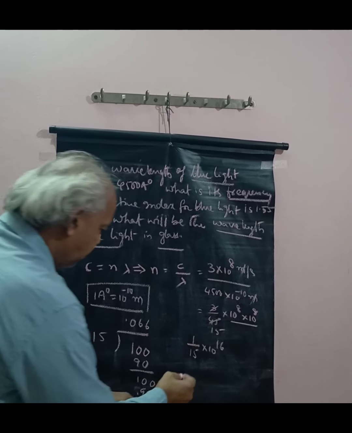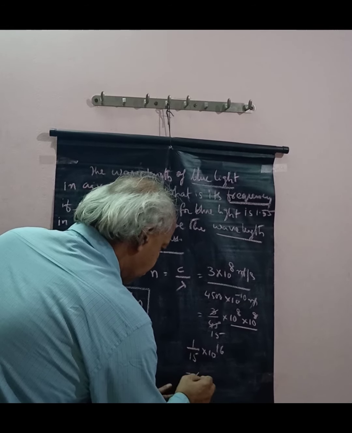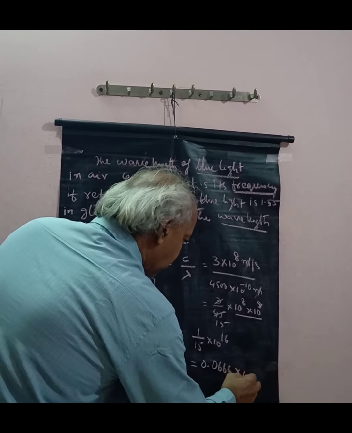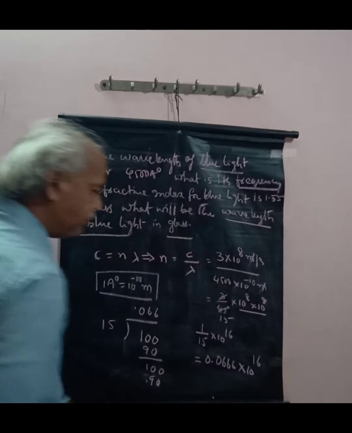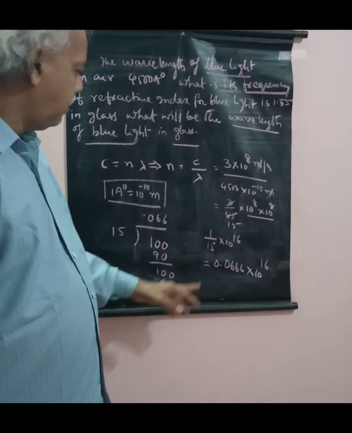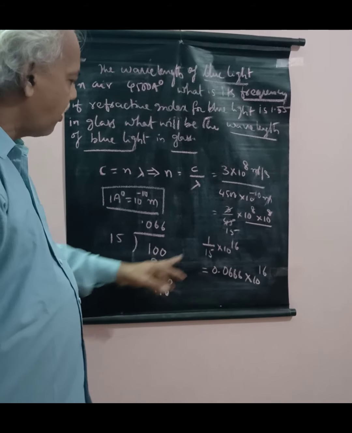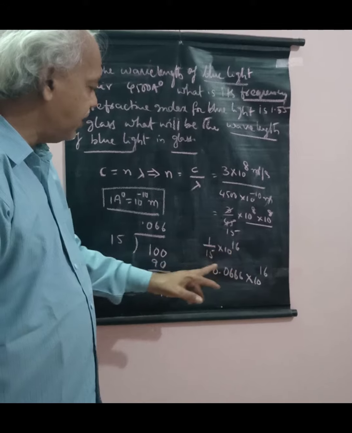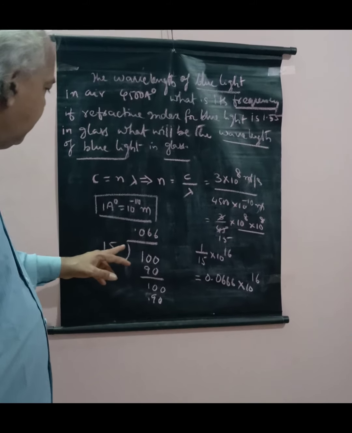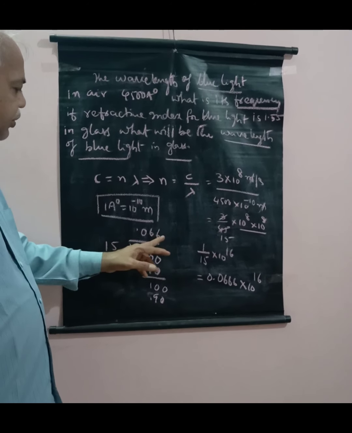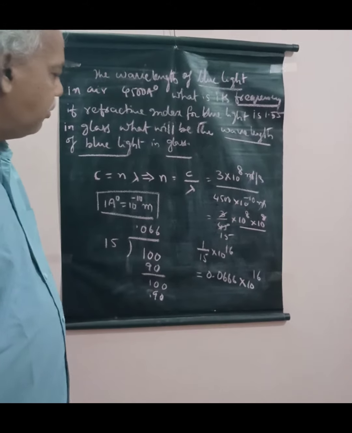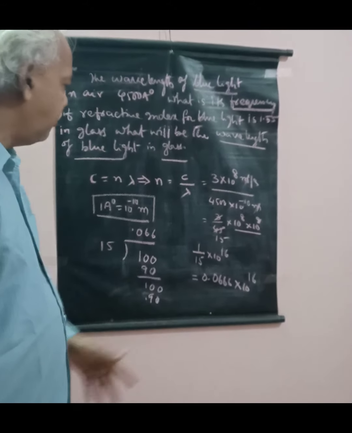Like this we can obtain 0.0666 into 10 power 16. This is the frequency, 1 by 15 into 10 power 16. This 1 by 15 value is 0.0666 like that, into 10 power 16. We can obtain this value.